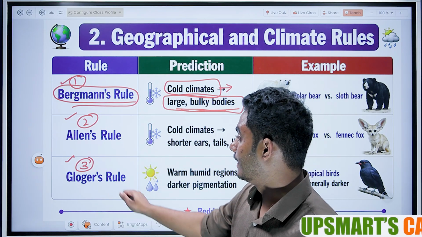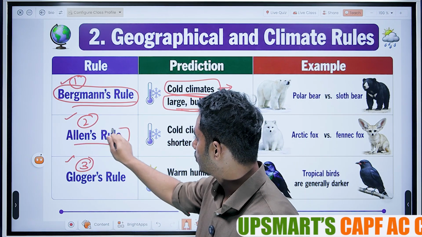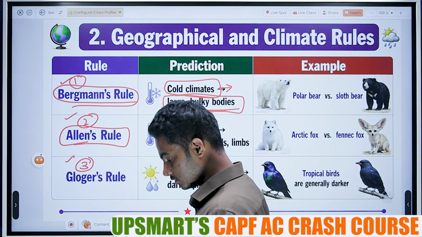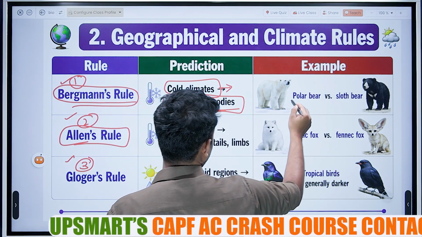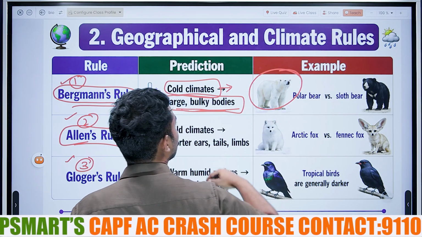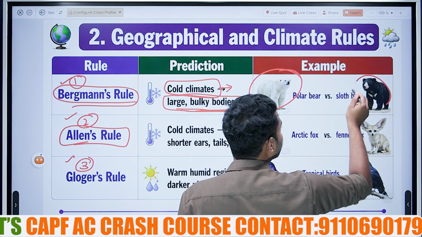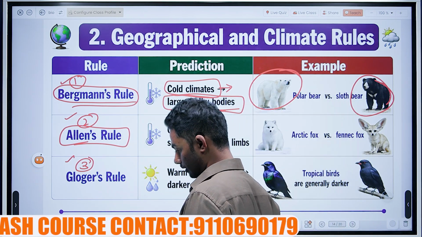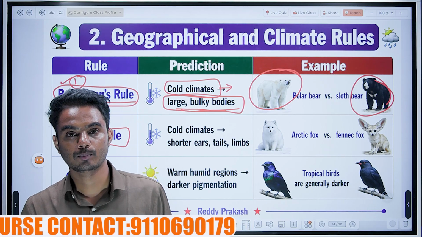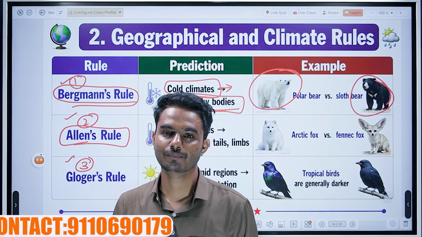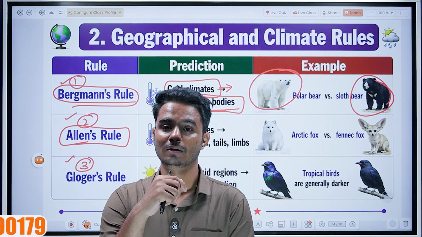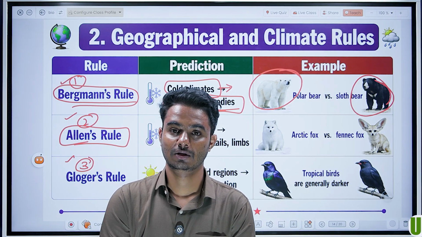Next is Allen's rule. Now, a similar rule. One example for Bergmann's rule can also be the polar bear. This is a polar bear and this is a sloth bear. You would have seen the images, right? Which kind of fish will the polar bear eat?